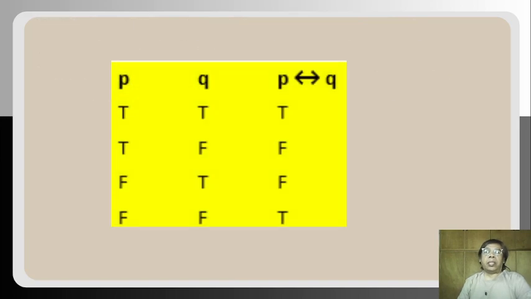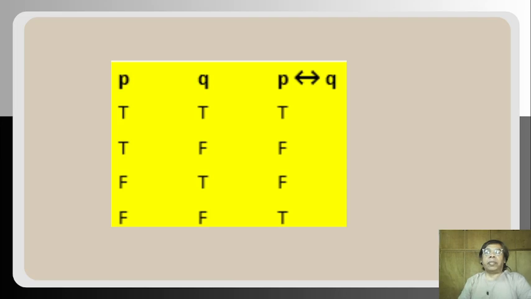In this truth table, you will see in the first column P, the second column Q, and then the third column for if and only if.